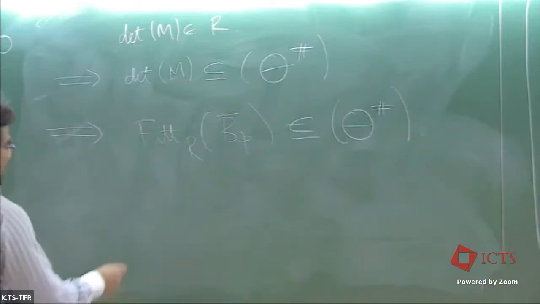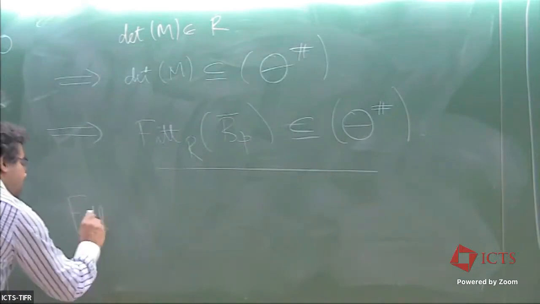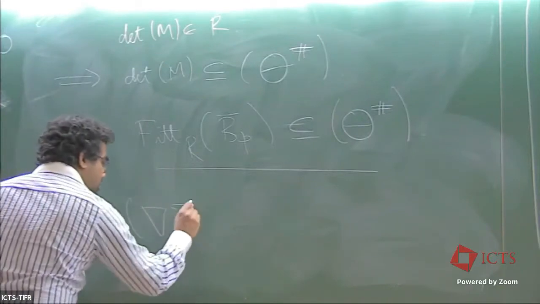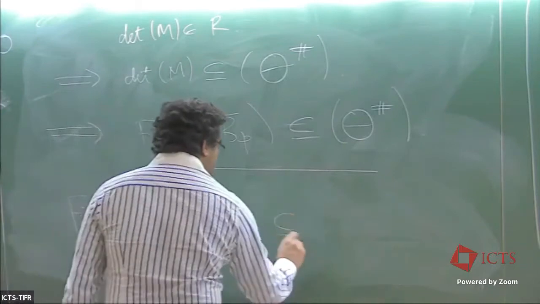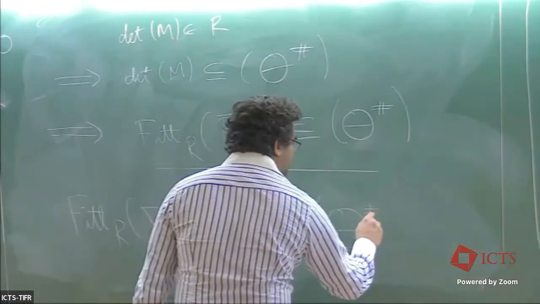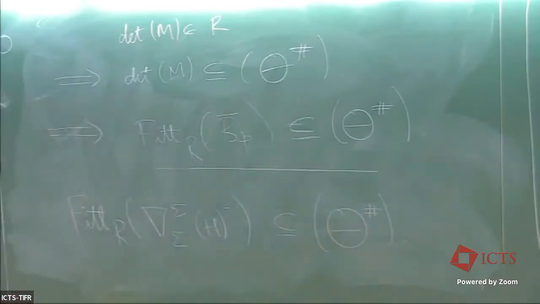Okay, so putting all this together, finally what we get is that the fitting ideal over R of nabla sigma prime sigma h minus this thing is contained in, yeah, I hope this is right.